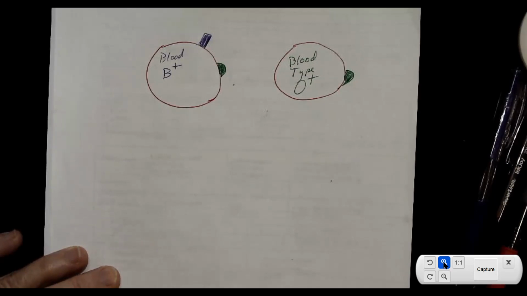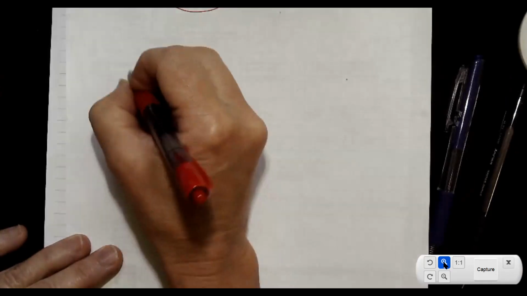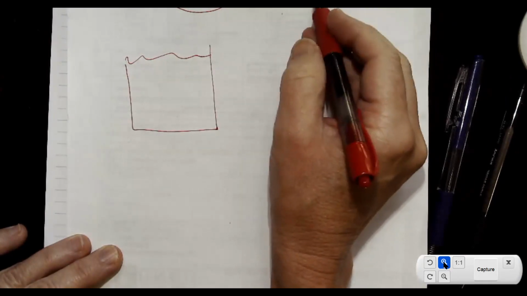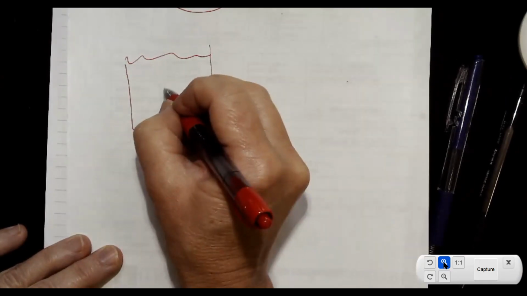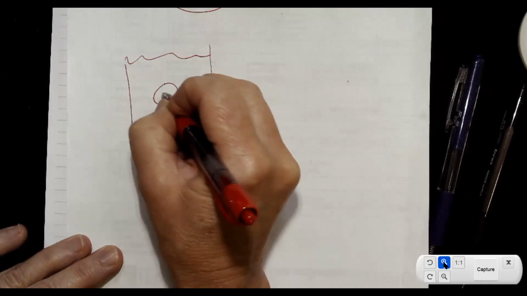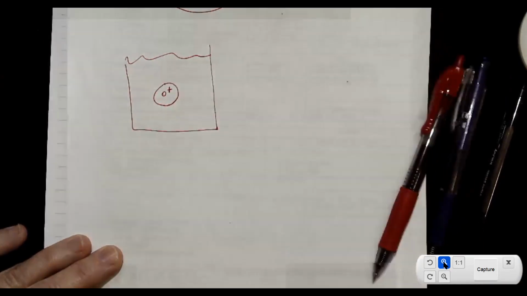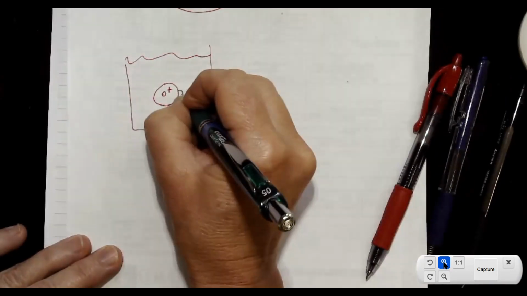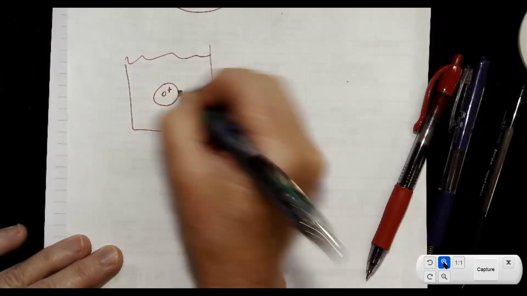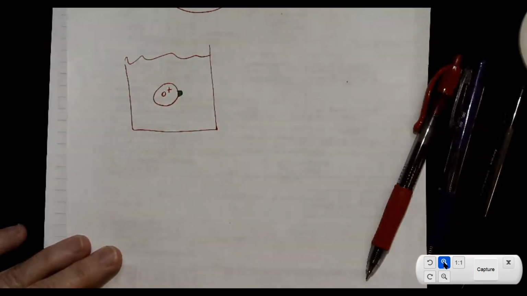Okay, so now you have to look at the positive and negative as well to make sure whether it can receive blood or not. So let's just take an example. Let's take some blood. I'm just going to put O positive in it. So there's type O positive. Let me put my antigen on here. Okay. So my question to you is, what antibodies could I find in the plasma?